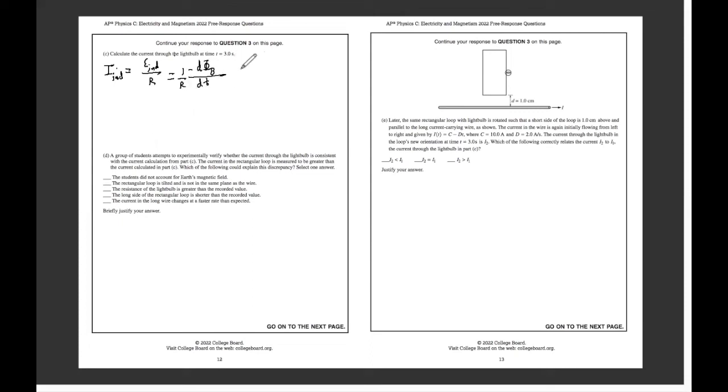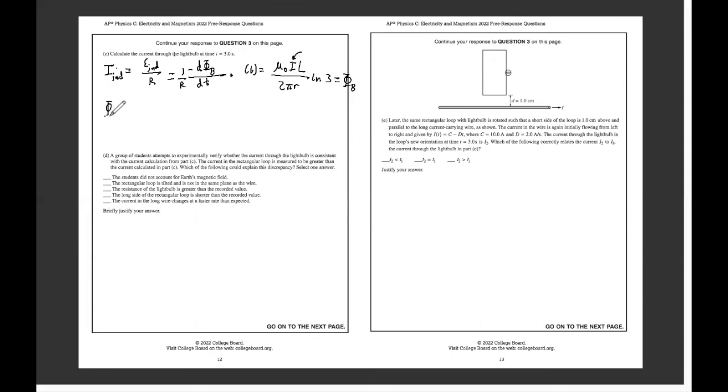So we do have to get an equation for the flux in terms of time, but that should be fairly easy, because in part B, we showed that the flux was mu naught I L over 2 pi ln of 3. Something you'll notice is that this entire thing has some time dependence, and that is in the current.